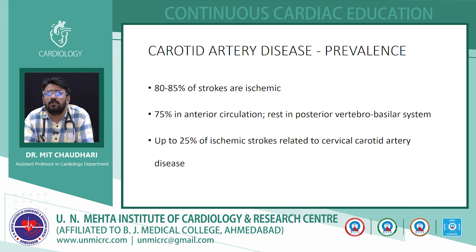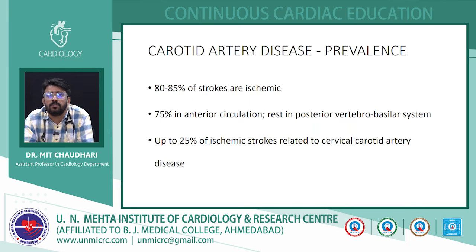So we will discuss carotid artery disease now, and its prevalence. Among all cases of stroke, 80 to 85% are due to ischemic causes, and the rest are due to hemorrhagic causes.